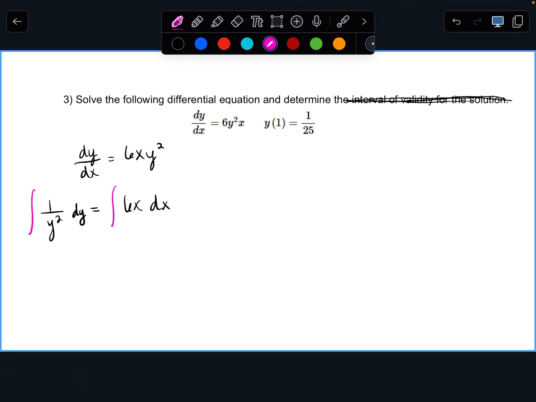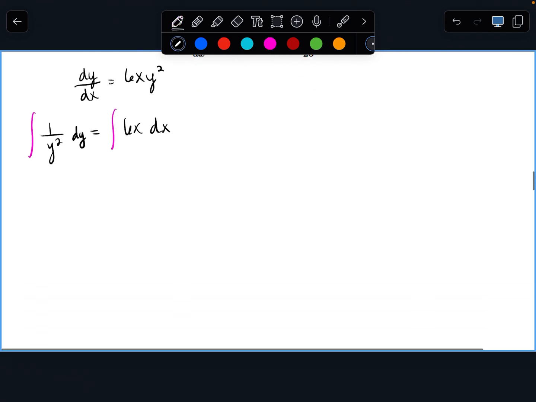If you need, think of that as y to the negative 2 to help you integrate. If you integrate that, that'd be negative 1 over y, and then this would be 3x squared plus c.